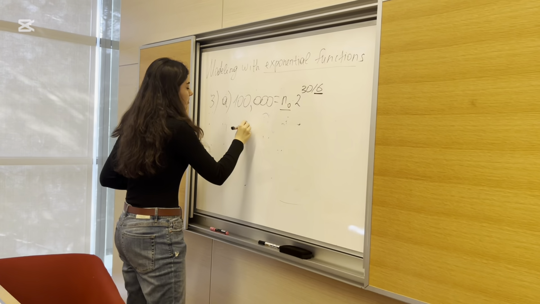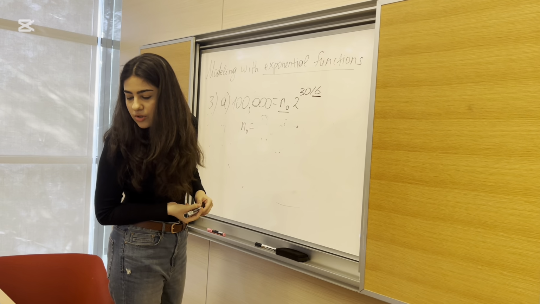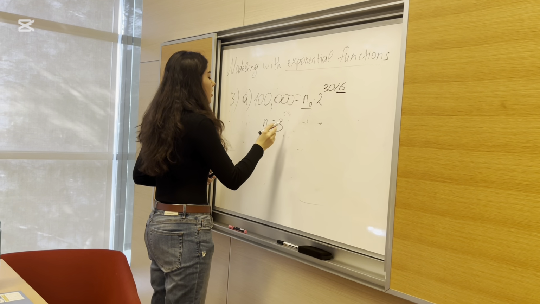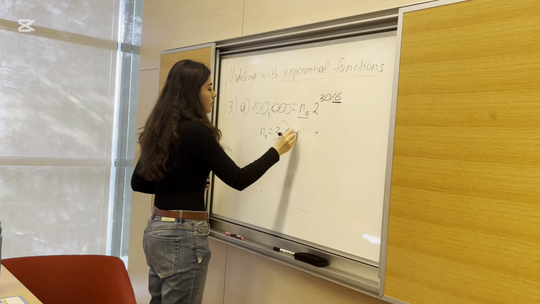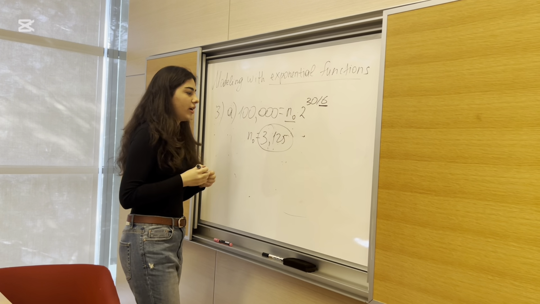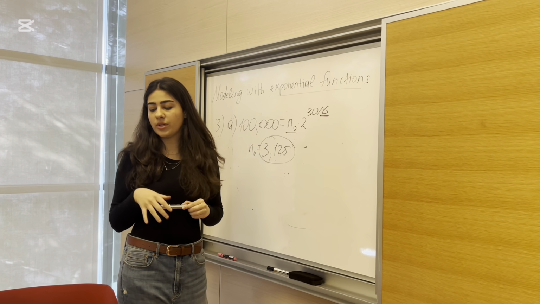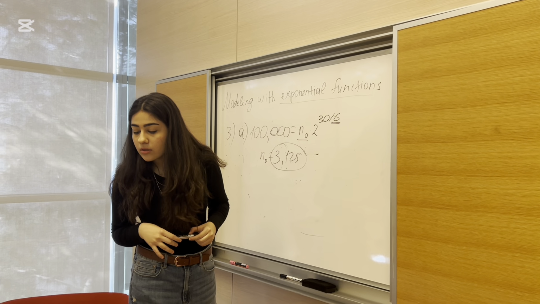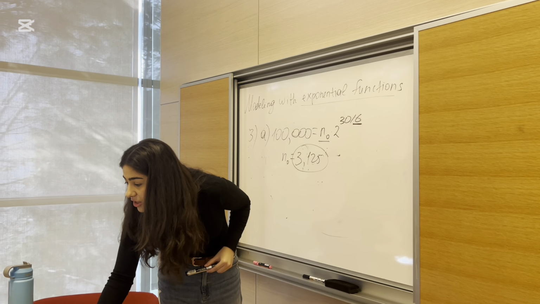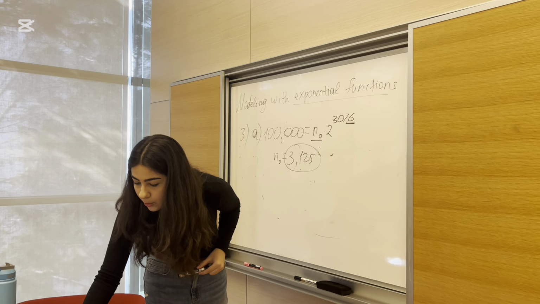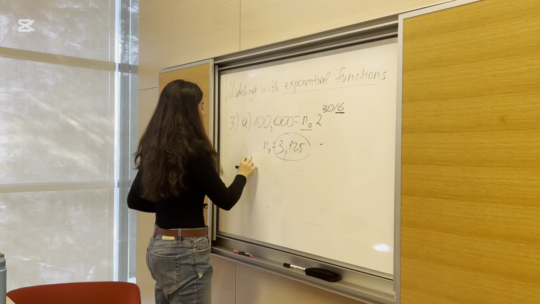Heading back to the question, the initial size is approximately 3,125. Then B: estimate the squirrel population 10 years from now.